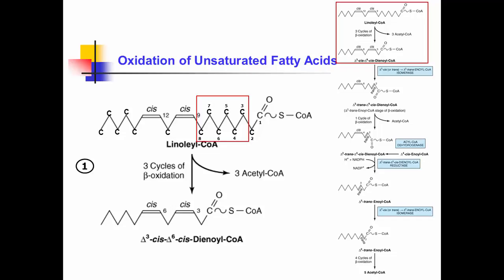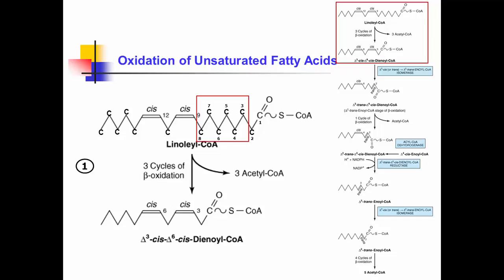FADH2 and NADH are generated, and the reducing equivalents will eventually go to the electron transport chain for ATP production. So you probably want to understand the whole process.